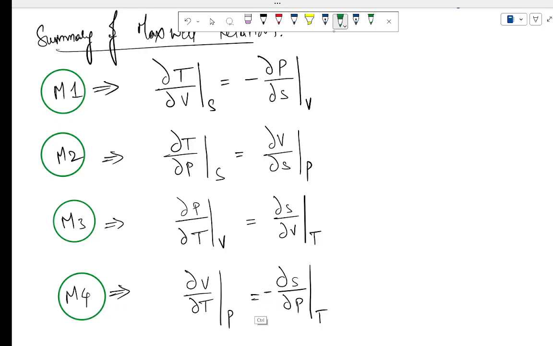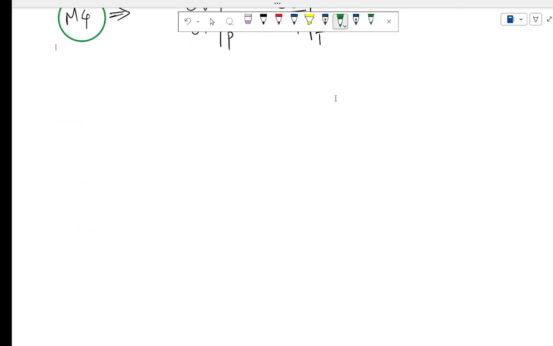So you remember that there will be minus for M1 and M4, and the remaining ones you will not have. So that's how you will understand the Maxwell relations.